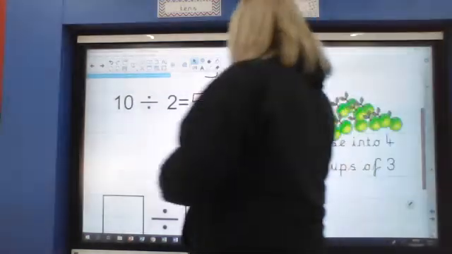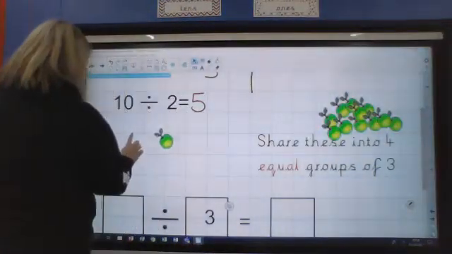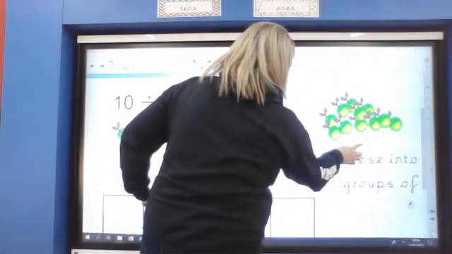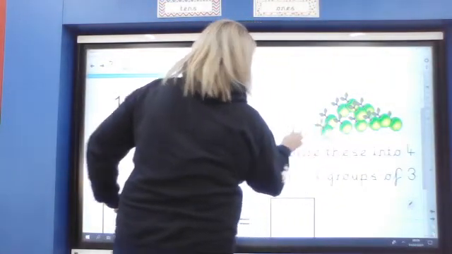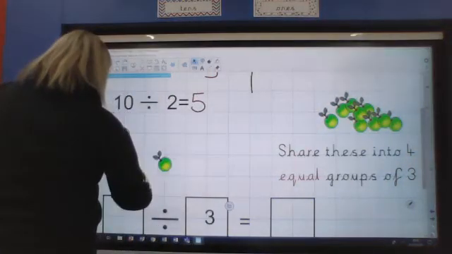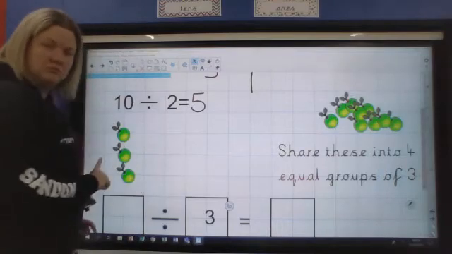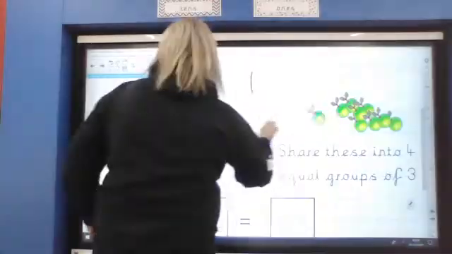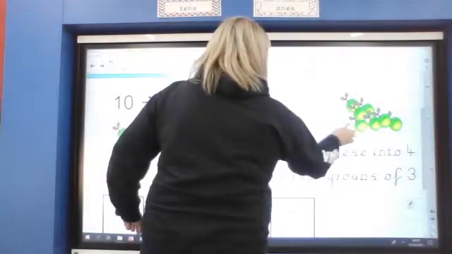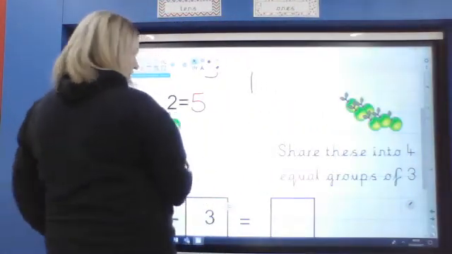Here I go. Oh, come on, apple. We've got 4 equal groups of 3. Oh, dear me. I don't want that. I want the apple. So there's one group of 3. Get another group of 3. Another group of 3.